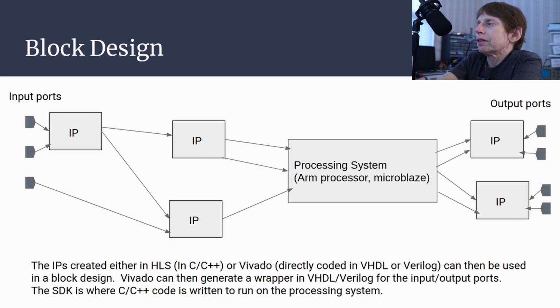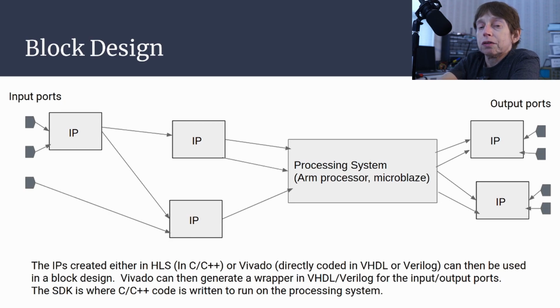The processing system is where, remember we saw the SDK, that's where your SDK code runs. It's going to take input from the IP, from the ports. It's going to do something to it, or it may send things out like text to tell you what's going on, which we saw with the menu items for the pass-through.